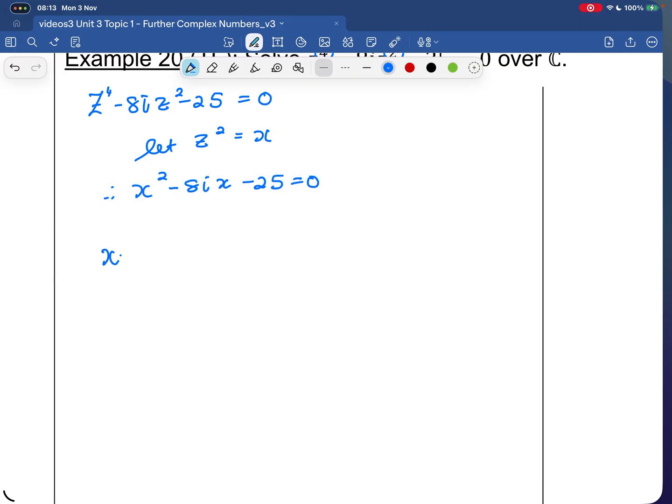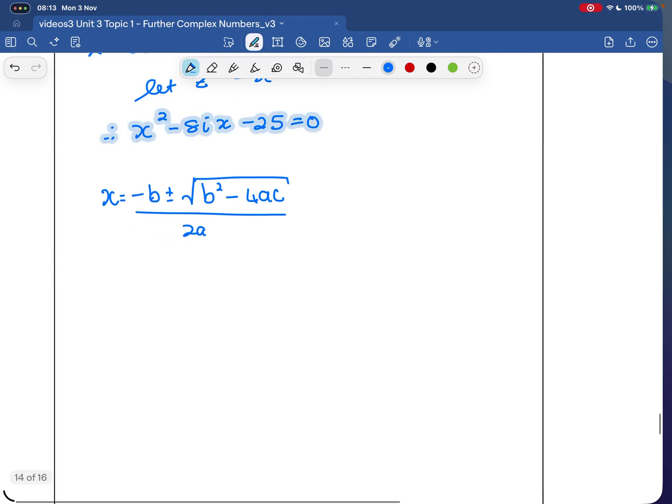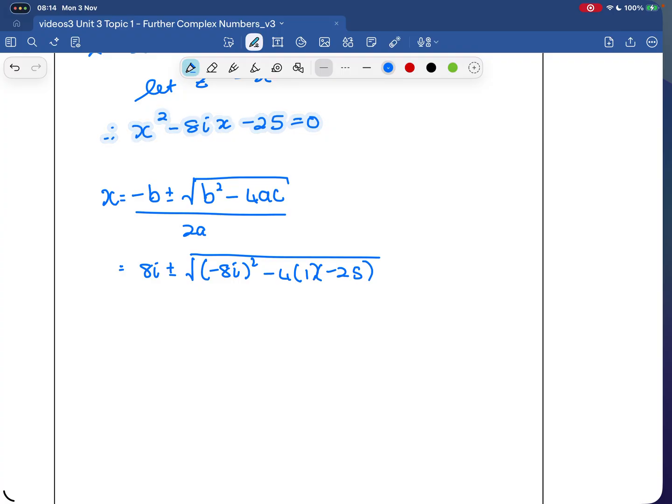So x is negative b plus or minus the square root of b squared minus 4ac all over 2a, and that gives me 8i plus or minus 8i squared minus 4 times 1 times negative 25. Watch your signs with your quadratic formula.